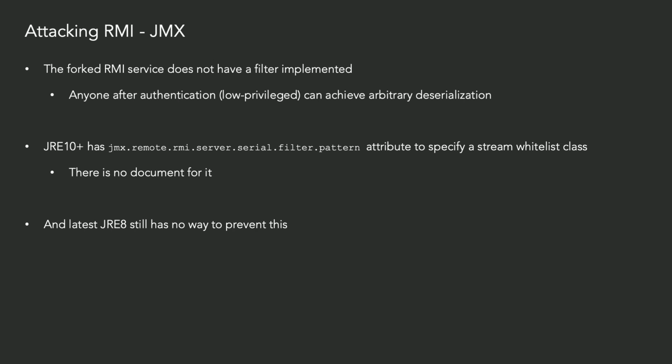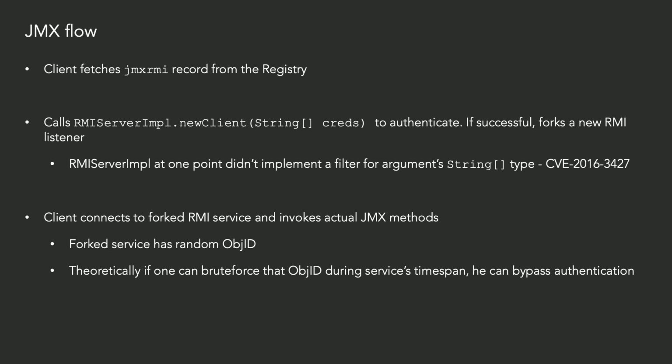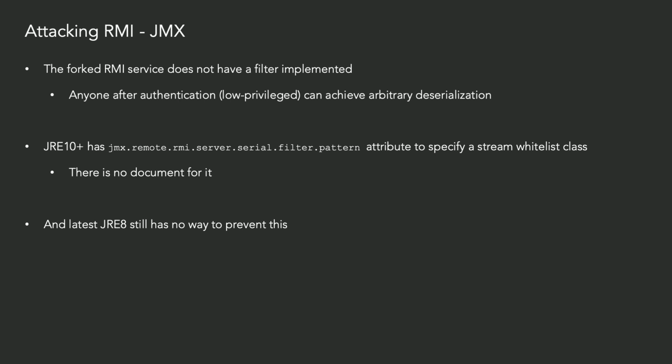If you notice, there are three phases to this. They blocked the first and the second phases, but the third phase did not have a filter implemented. So anyone after authentication can achieve arbitrary deserialization, and this has been reported and is under disclosure.